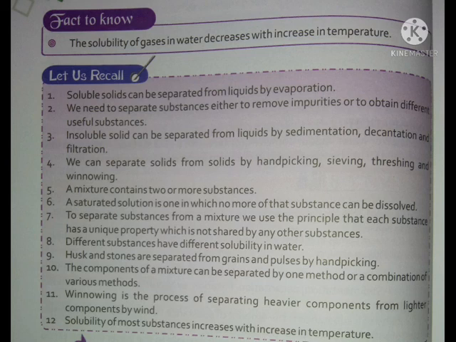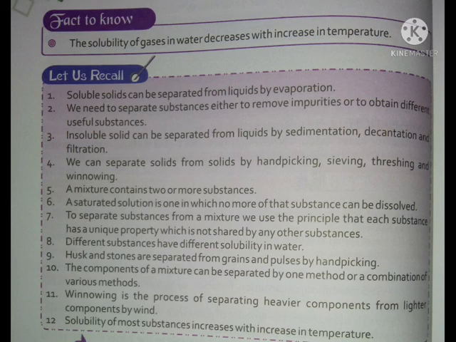Now let us recall. Soluble solids can be separated from liquids by evaporation. We have already discussed this. We need to separate substances either to remove impurities or to obtain different useful substances. Insoluble solids can be separated from liquids by sedimentation, decantation and filtration.